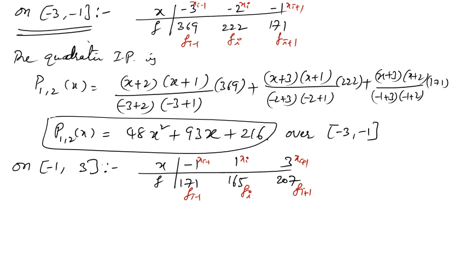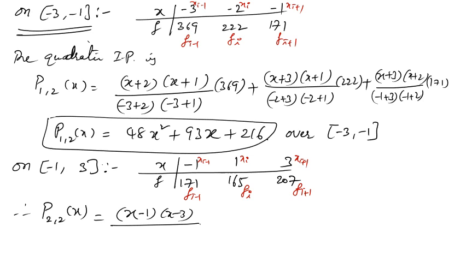Therefore p22 of x, the second interval quadratic polynomial, is x minus 1 into x minus 3. Just substitute the corresponding values in the formula.